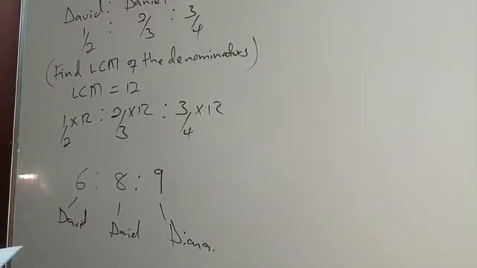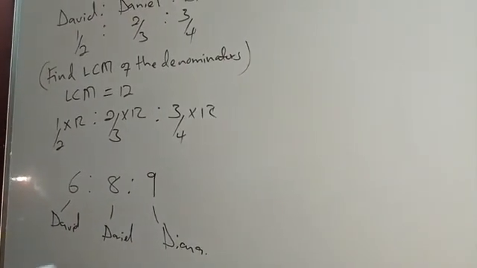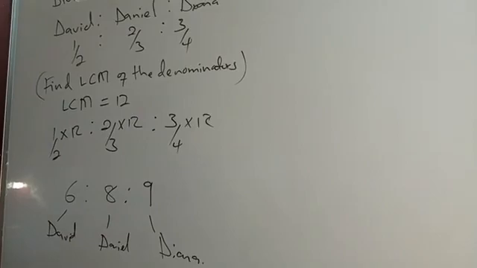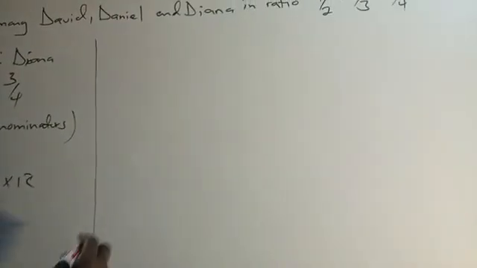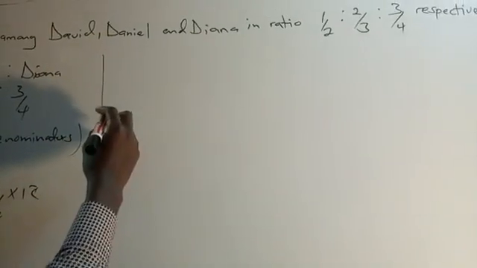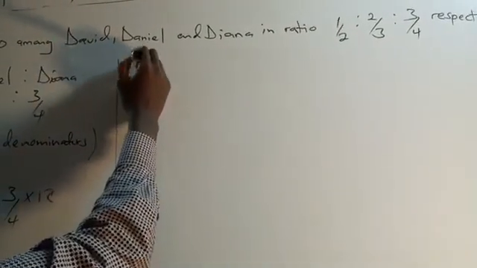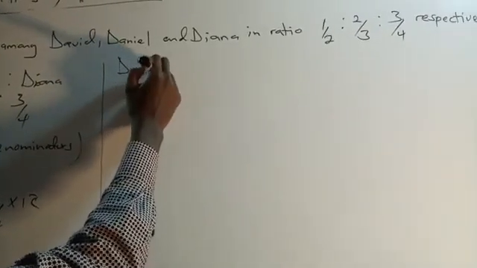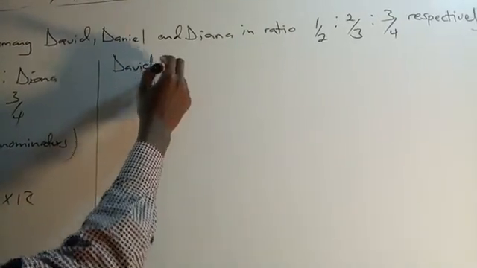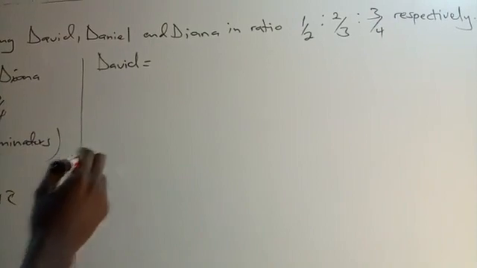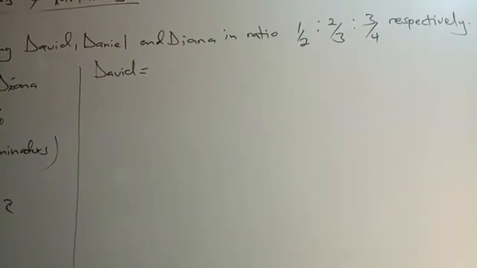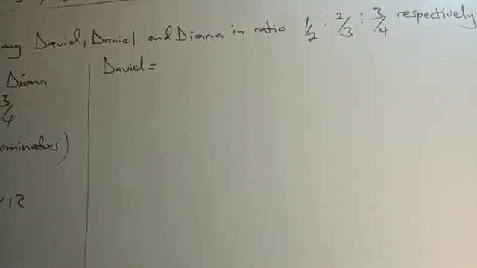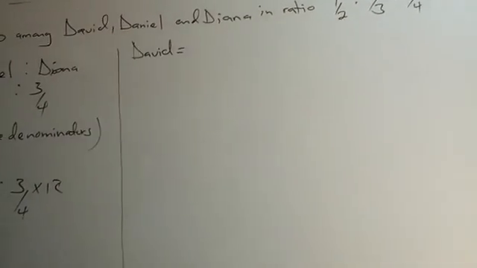So let's divide 920 shillings among them. Let's begin with David. Let's try to find their total ratio.